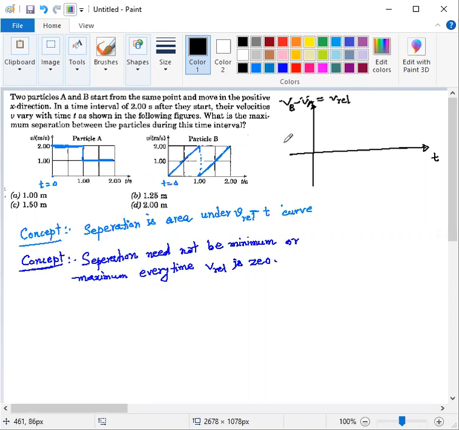In our first graph, what are we seeing? The velocity in the first graph is a straight segment, and the second is a seesaw line.